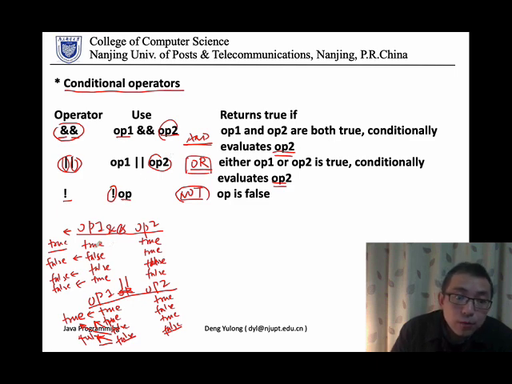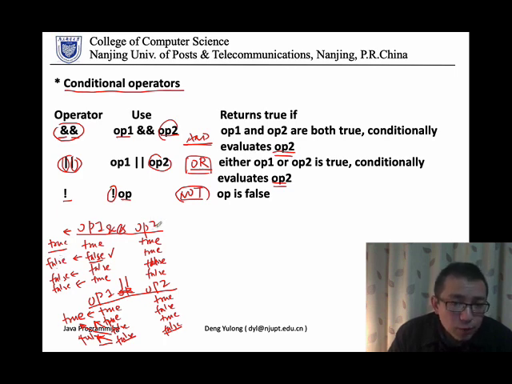Well, we go back to here. And if we do this double ampersand, that means if the first operand, for example, is false, in this condition the second operand will not be evaluated because the result is always false.